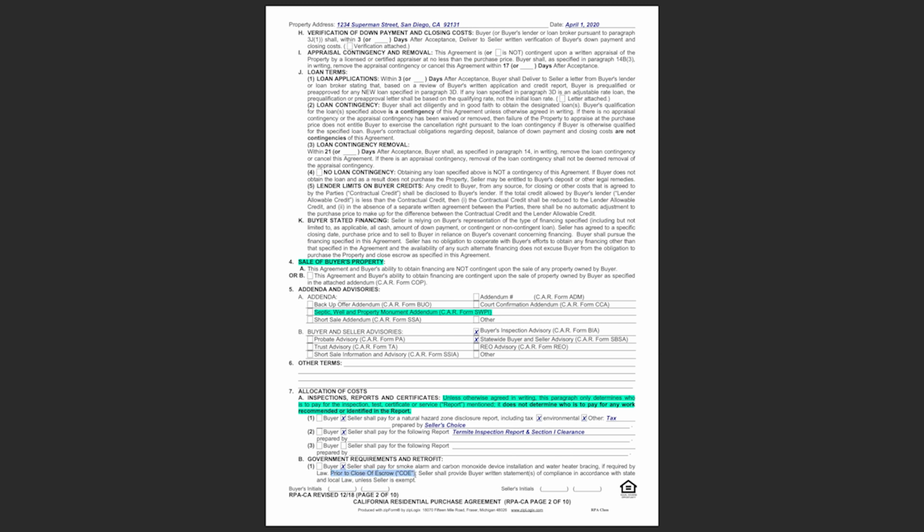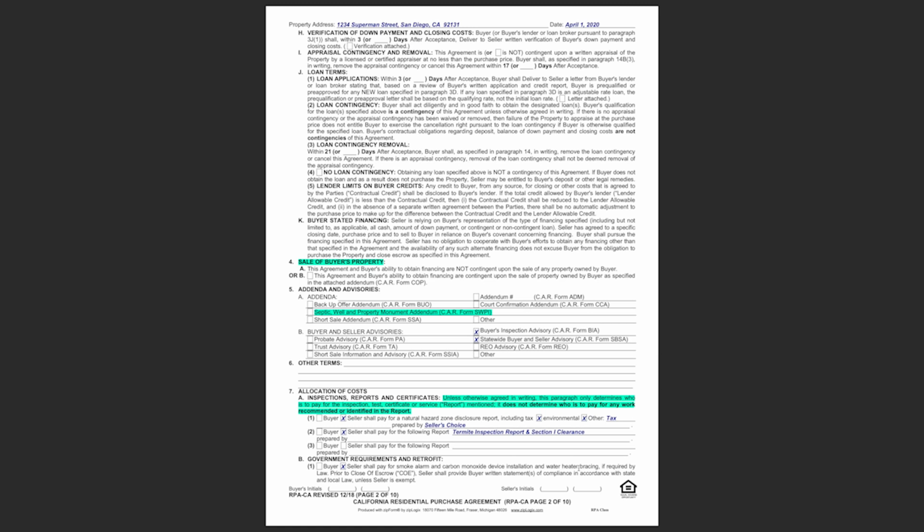However, if when you're walking through the house, you notice there are no smoke alarms, there's no carbons, or that the water heater is not braced properly, which is a third of the way up and a third of the way down, you want to have a conversation with the listing agent when you submit the offer to them. I would just write that in the body of the email, because what's going to end up happening is the appraiser is going to be the person who calls this out.